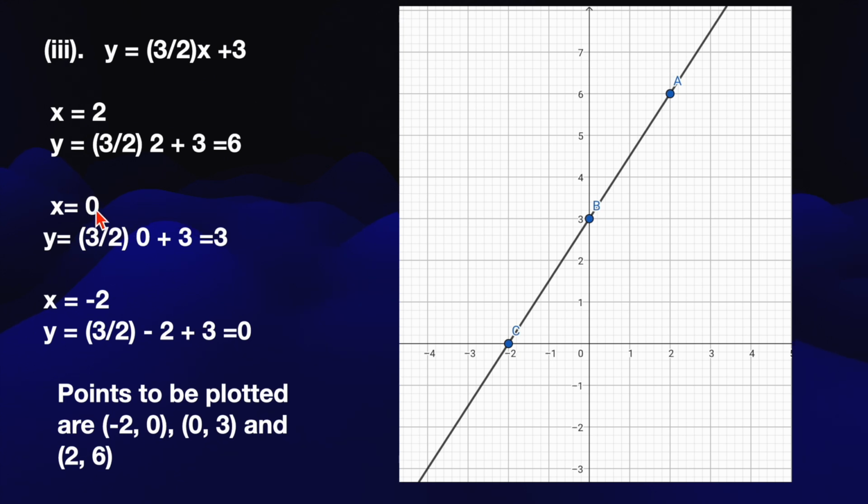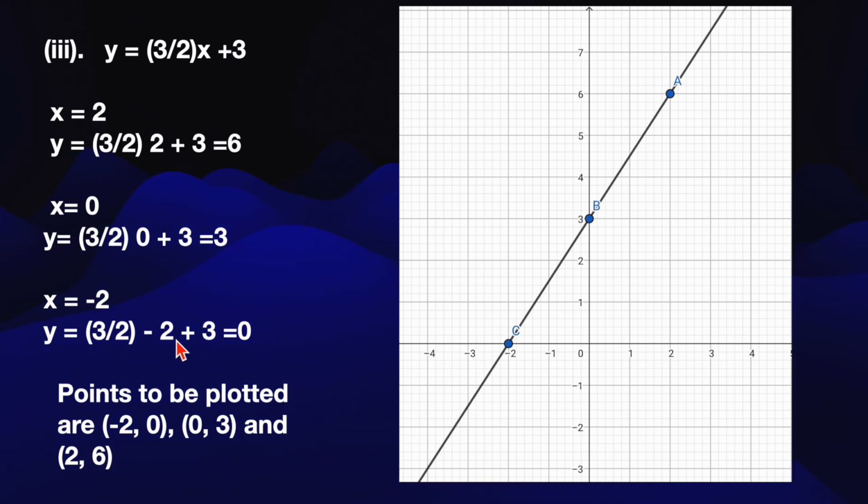Now let's put x = 0. So this whole fraction becomes 0, and you're left with y = 3. So x = 0 and y = 3. This is the second point. And x = -2 we are going to put here. When you multiply this with -2, the 2 will get cancelled and this will become -3. -3 plus 3 is 0.